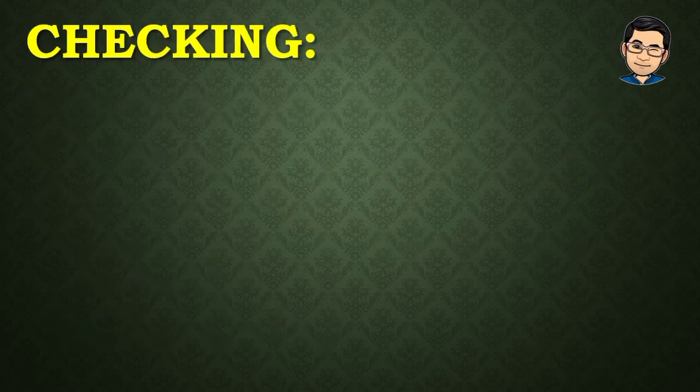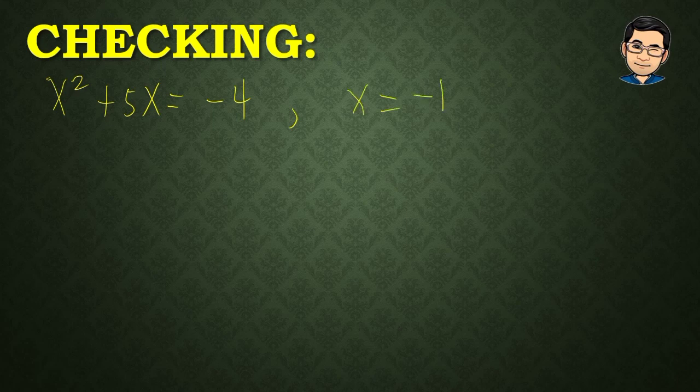So, to check, x squared plus 5x equals negative 4. And then, yung nakuha nating roots, x equals negative 1 and negative 4. So, let's try negative 1. So, x squared plus 5x equals negative 4.